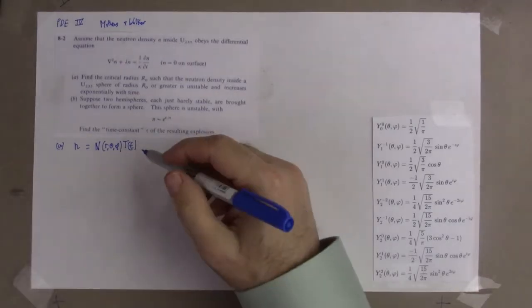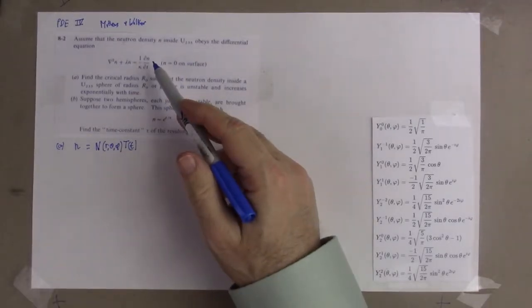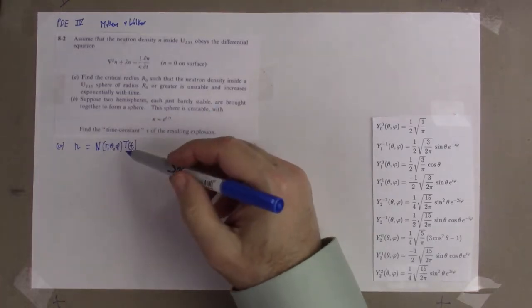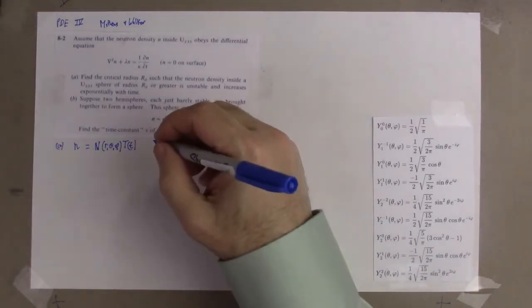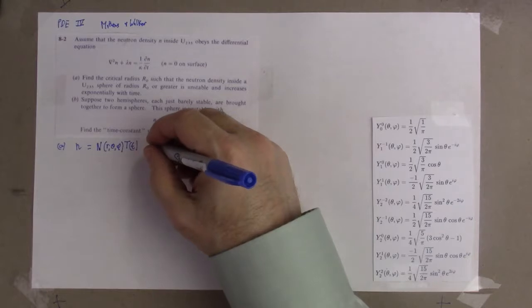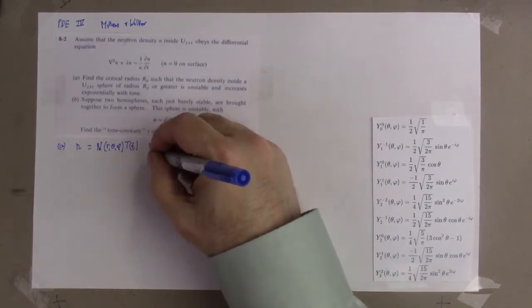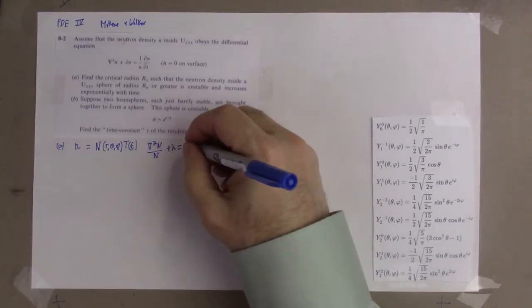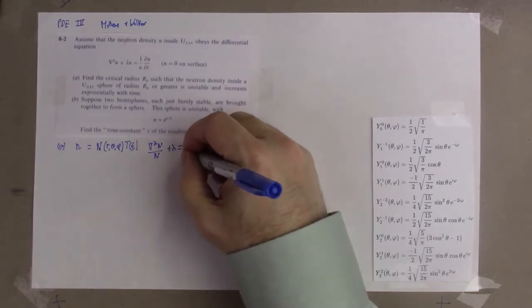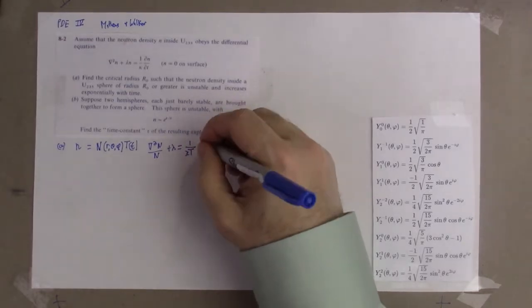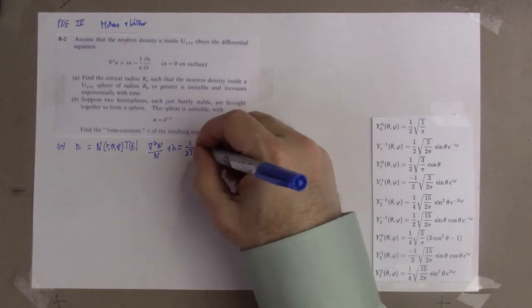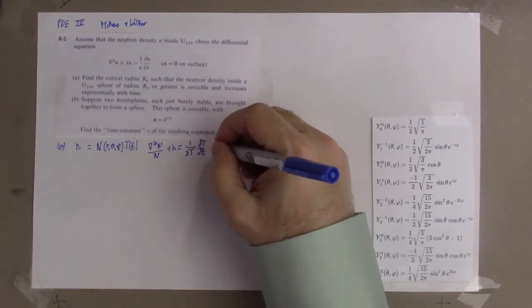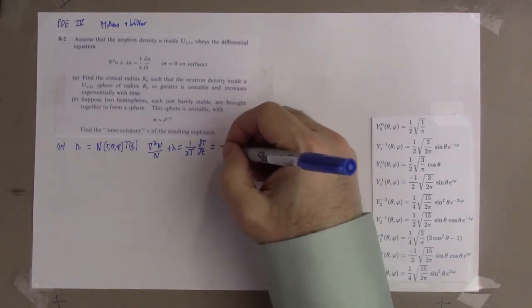Then substituting this in the differential equation and using our usual trick of dividing by NT leads to the following two equations. Del squared N over N plus lambda equal to 1 over kappa T, dT/dt, and we're going to set this equal to minus mu as the separation constant.